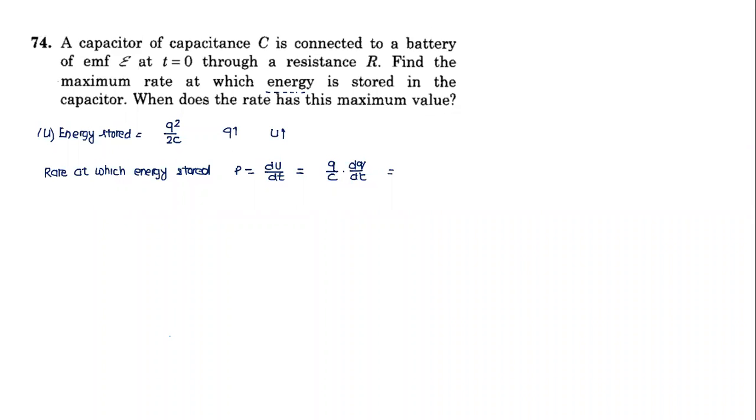Let's try and understand what will happen to the rate of the energy stored. What does this term indicate? This term indicates current. And we know the current with time keeps on decreasing. We already know the current shape is something like this. It is exponential decay. What does this value indicate? It indicates the potential of the capacitor.